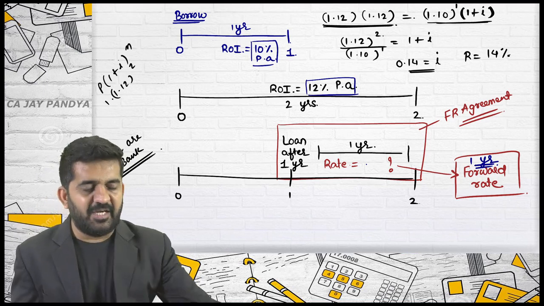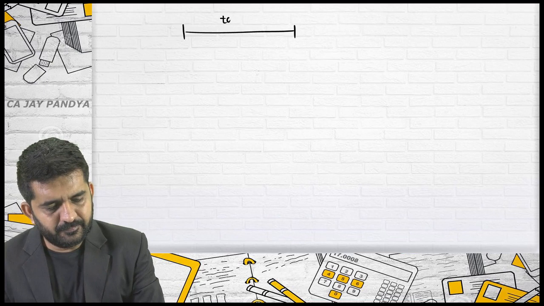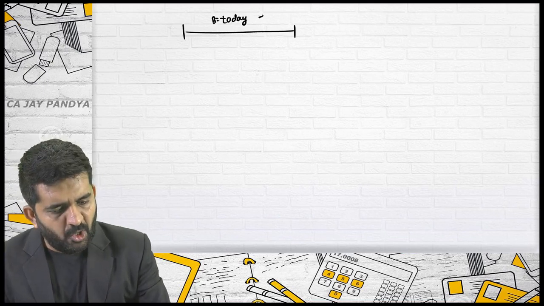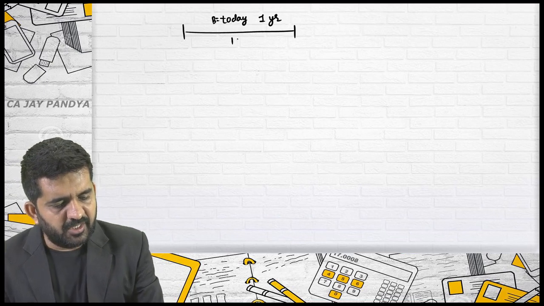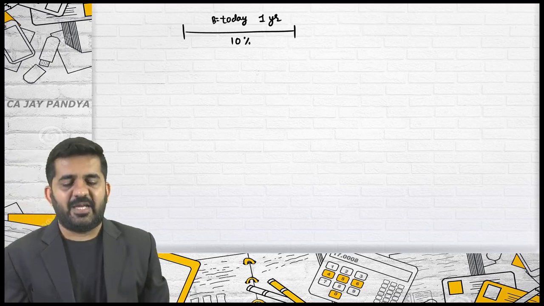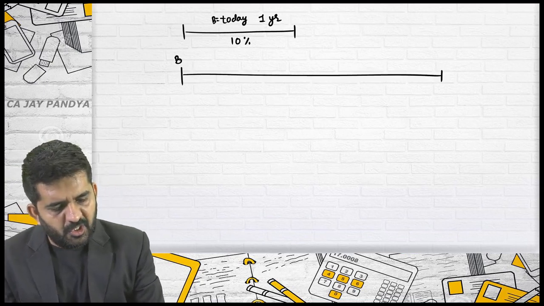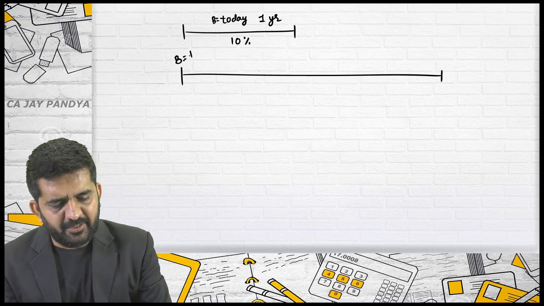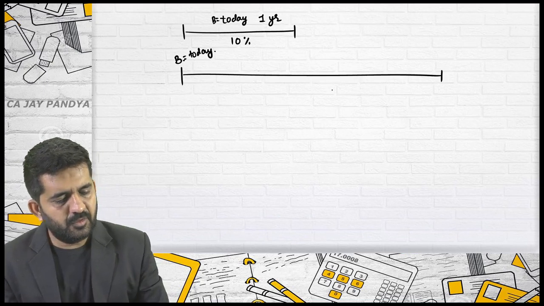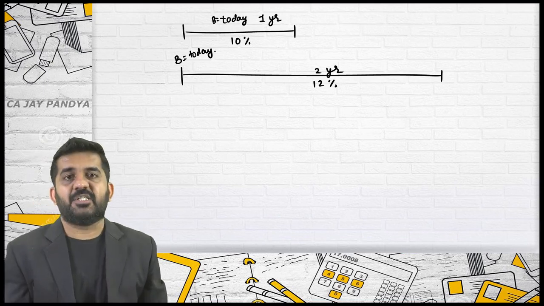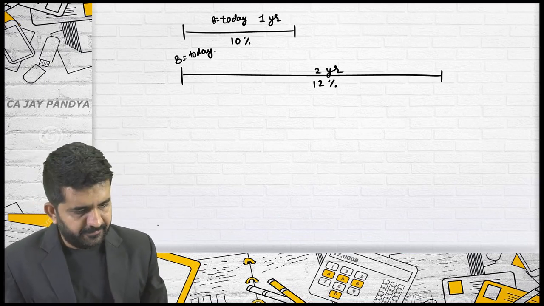Once again, I am explaining what I have done. If you want to borrow today for 1 year, the rate of interest applicable is 10%. If you want to borrow today for 2 years, the rate of interest applicable is 12%.